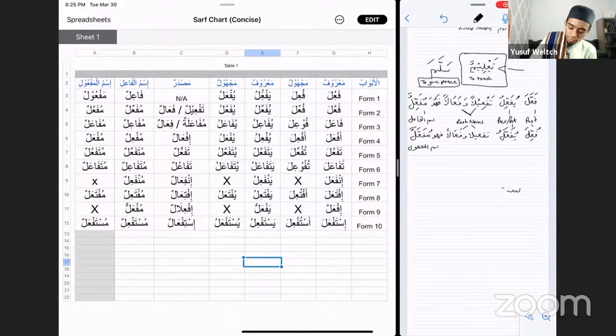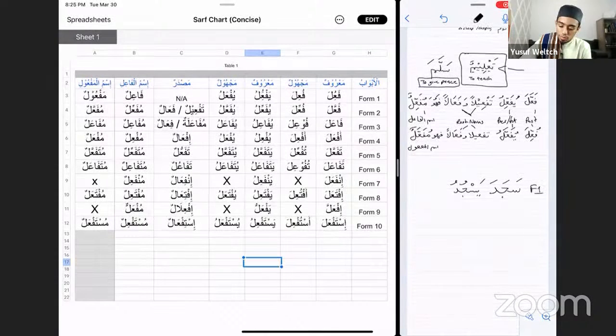So let's say sajada. And then the present tense, yasjudu. Go ahead. Okay. Sajada, sajadu, sajadat, sajadata, sajadna... After sajadna is what?